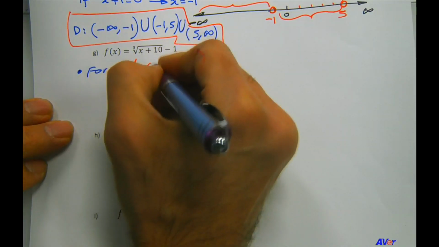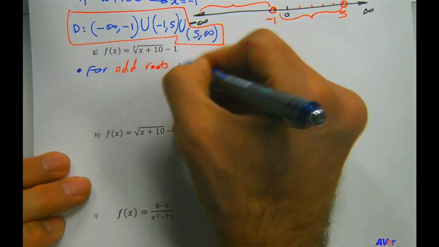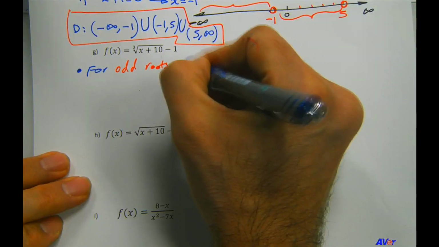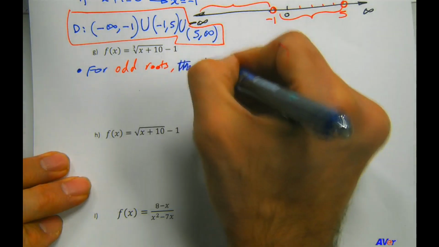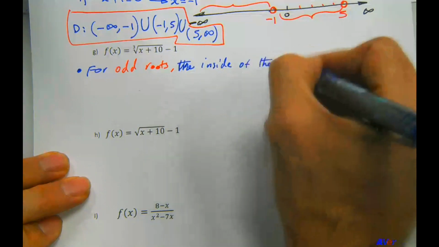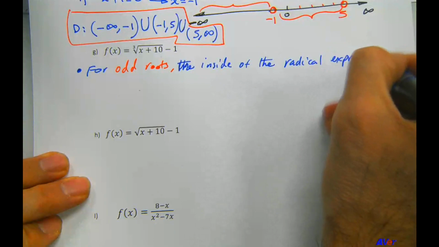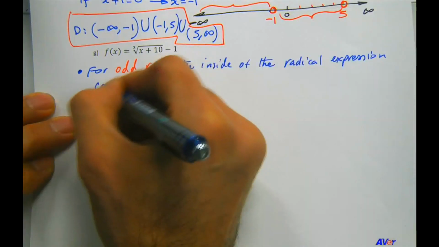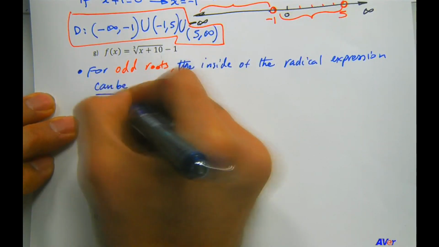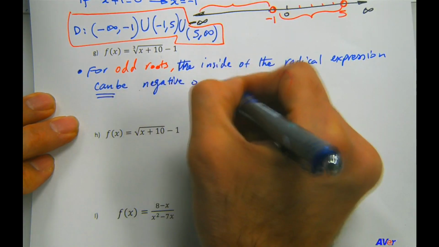For odd roots, the inside of the radical expression can be negative or positive.